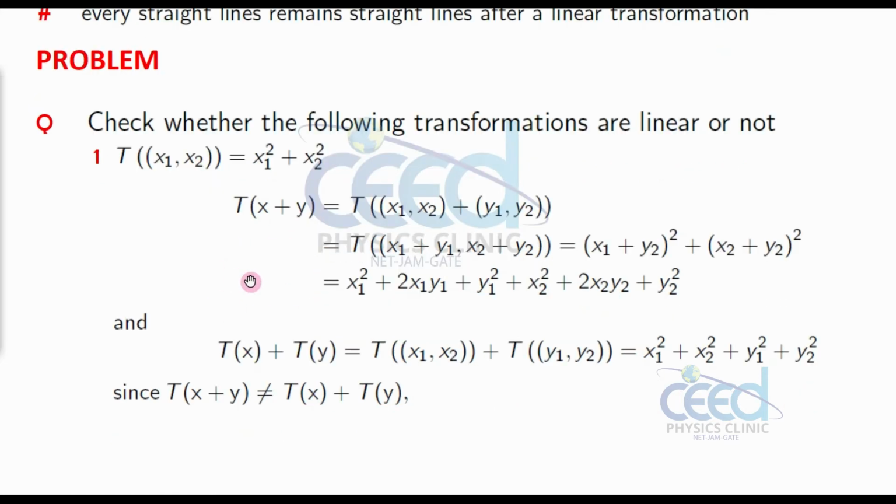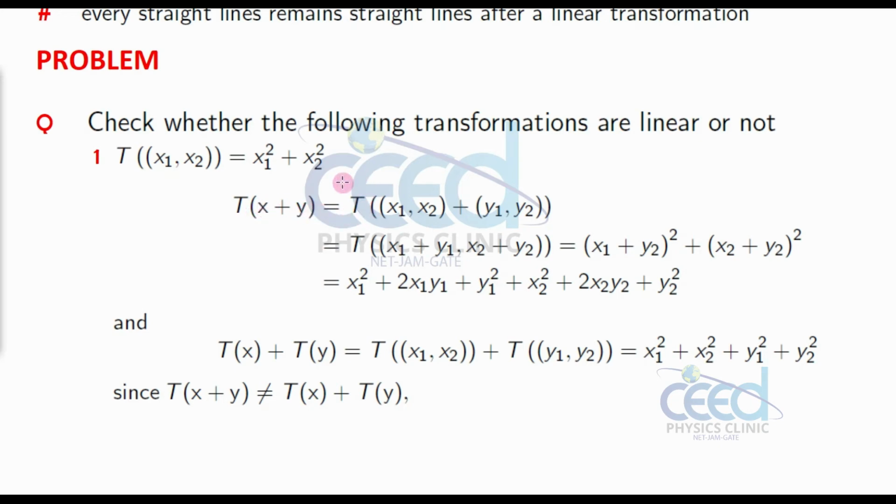As per the condition, consider the sum of two vectors, x and y, where x is a vector with coordinates x1, x2 and y is another vector with coordinates y1, y2.